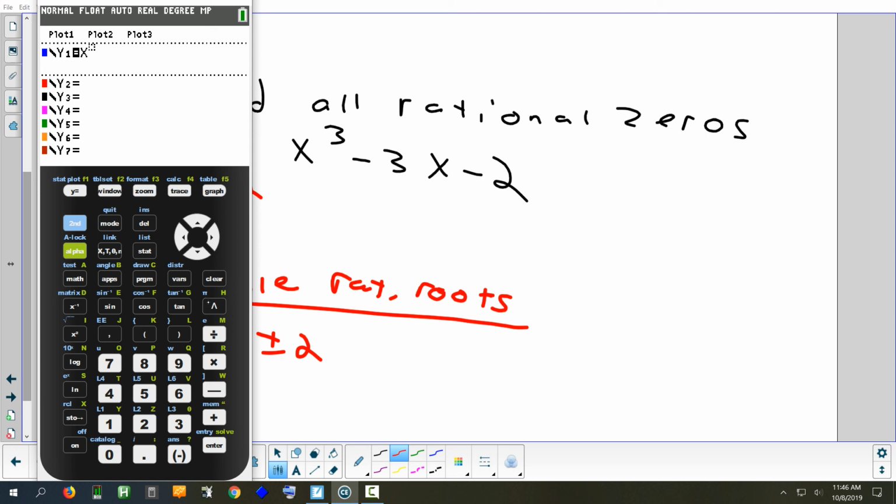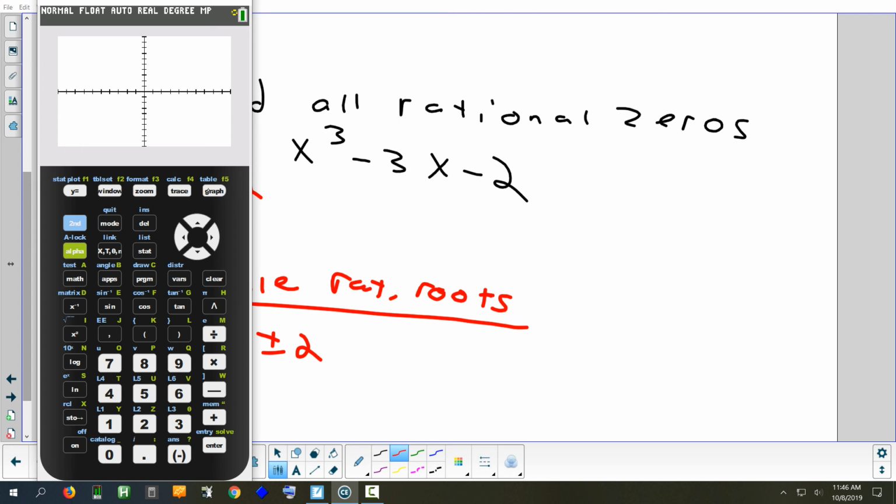So we got x cubed minus 3x minus 2. Graph. To me, it looks like 2 is a root. And I actually think negative 1 is too. What do we say about that when it comes up and touches it and bounces away? What do we remember what we call that?